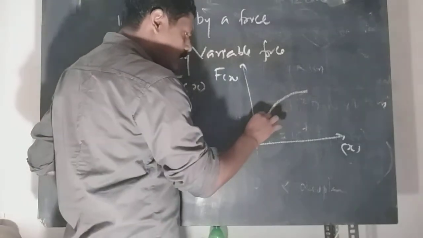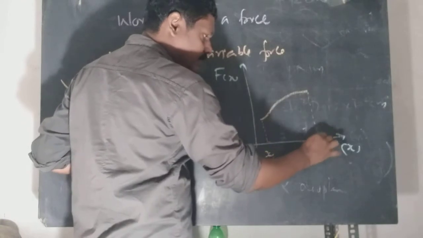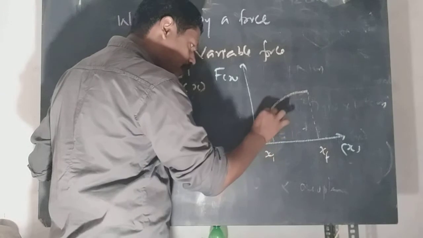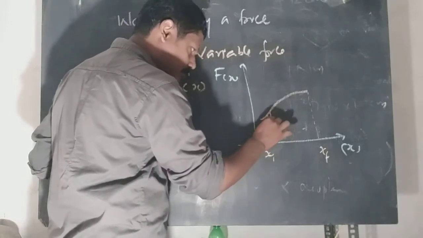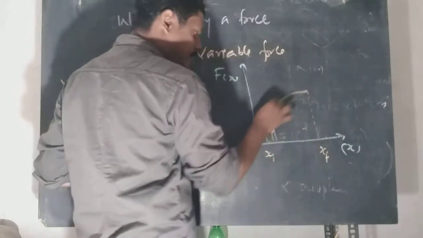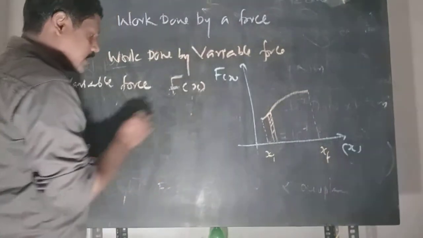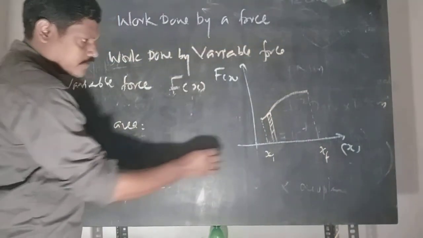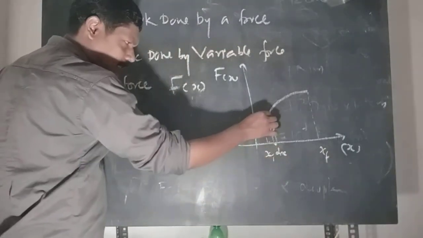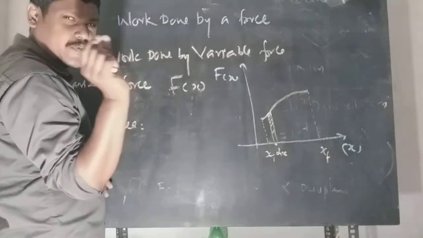Let this be the initial displacement and let this be the final displacement. Under this curve we can make many rectangular portions. This graph changes from the initial displacement xi to xf. In between we get a small rectangular strip. The width of the strip is a small displacement dx, very close to 0.